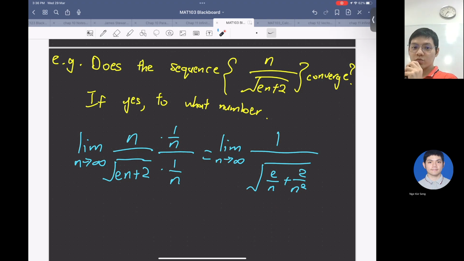What to do? Maybe we can divide by something smaller, square root of n. So what we get at the top is square root of n, and at the bottom we get square root of n plus 2 over square root of n.